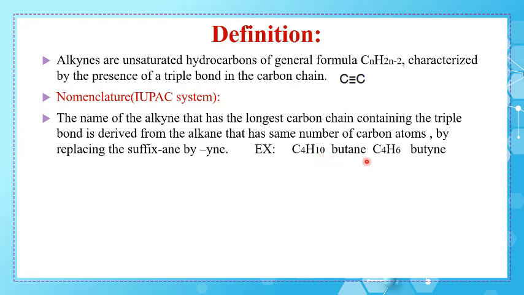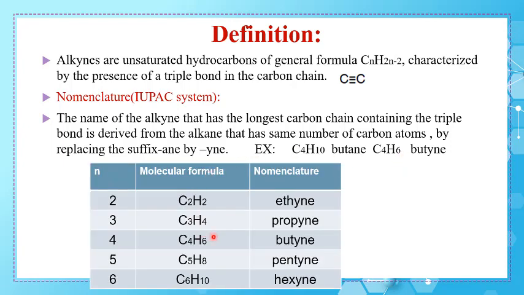So it is a butane, so the suffix is -ane. Here, according to the general formula CnH2n-2, we have 6 atoms of hydrogen. So the suffix is -yne, because according to the general formula, 2 times 4 is 8, minus 2 is 6. And this table must be studied by heart.